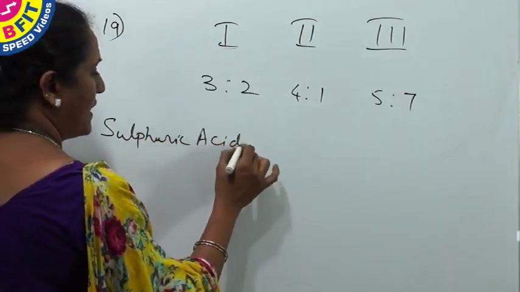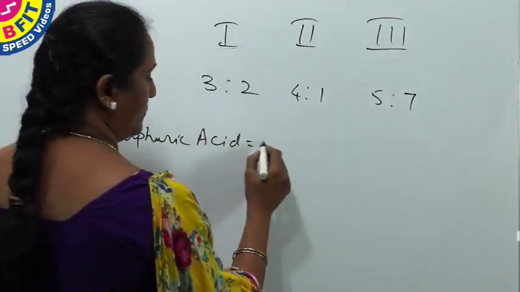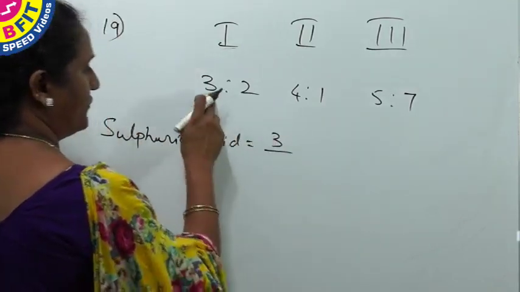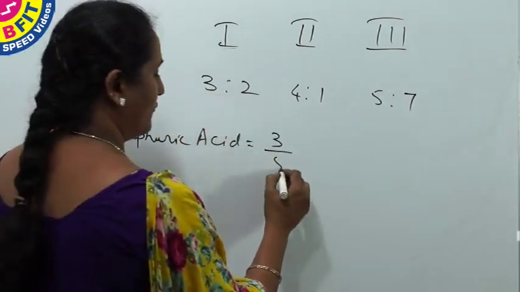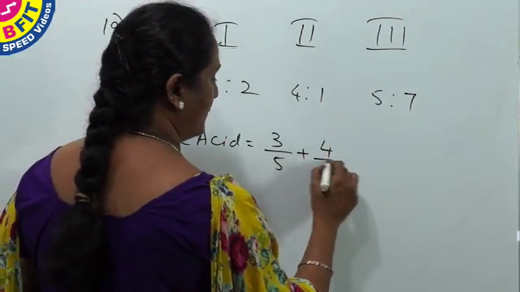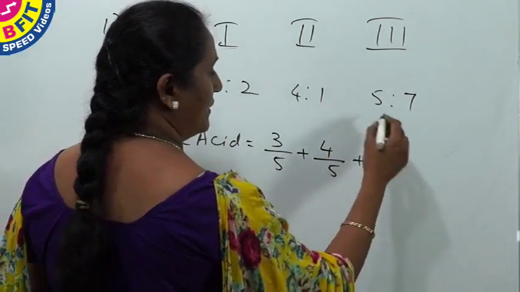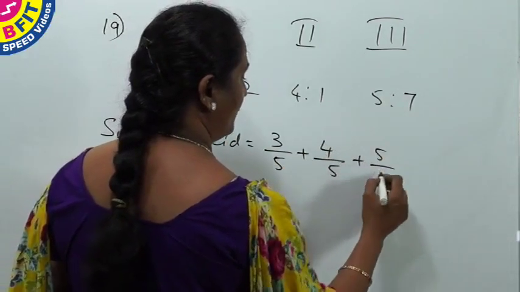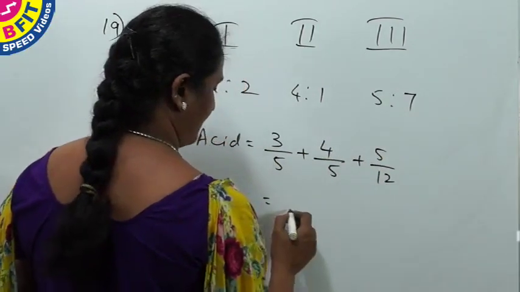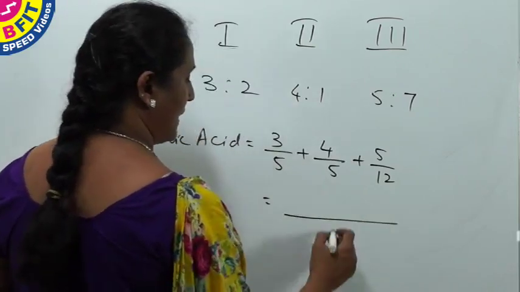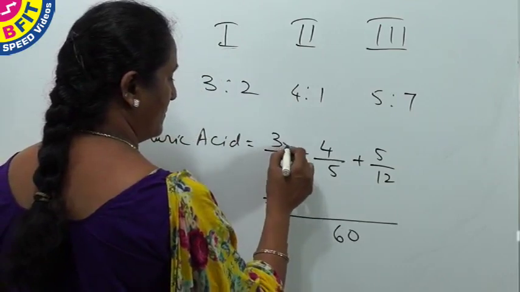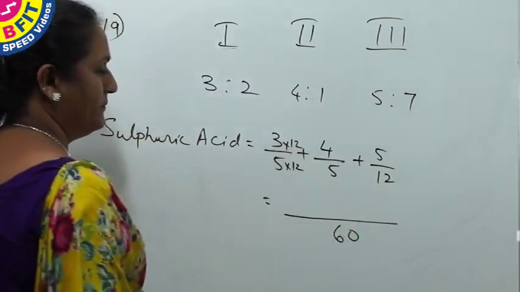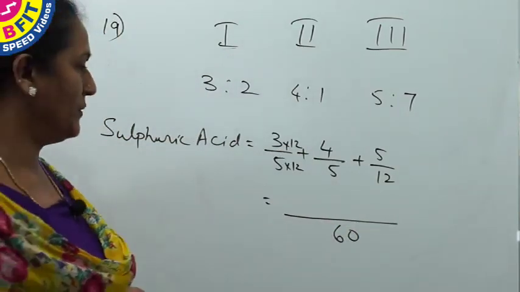so sulfuric acid is got as, in the first vessel, the first part represents the acid, that is 3 parts out of 5, and this 4 out of 5, and here 5 parts out of 12. So now adding all these fractions, take LCM, which is 60 for denominator.